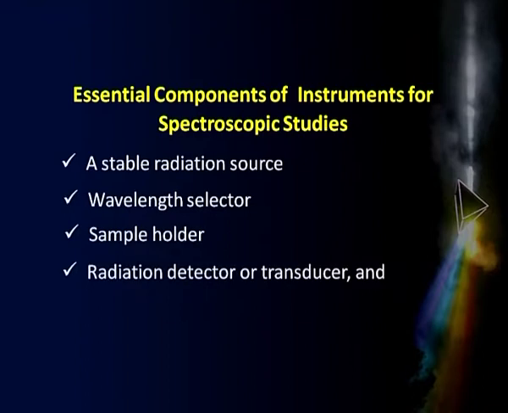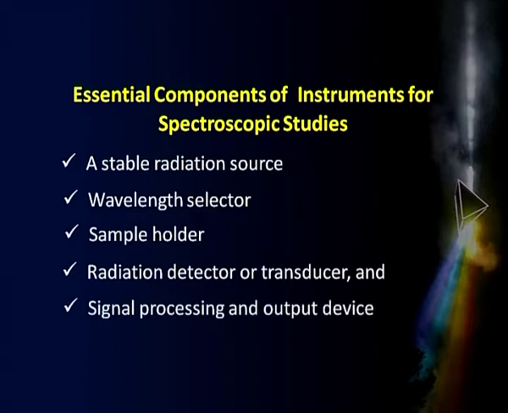And then, when the radiation and matter interact, something happens as a consequence of that, whether the radiation is absorbed or emitted, or some kind of scattering has taken place. So, we need some device to measure what has happened as a consequence of that. We need some kind of detector for the radiation which is coming after the interaction has taken place.